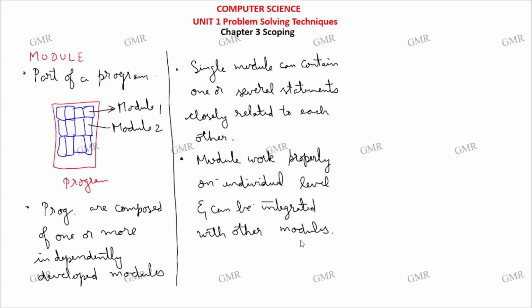A software program can be divided into modules to ease the job of programming and debugging as well. Not only is it useful for programming, it is also useful for debugging.